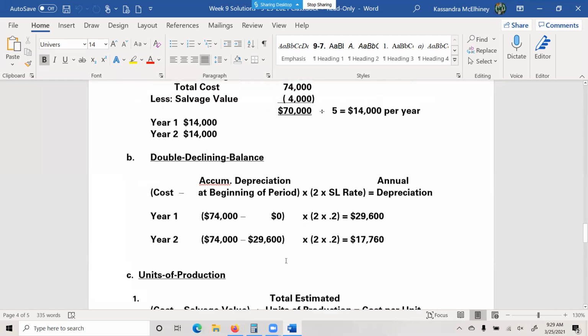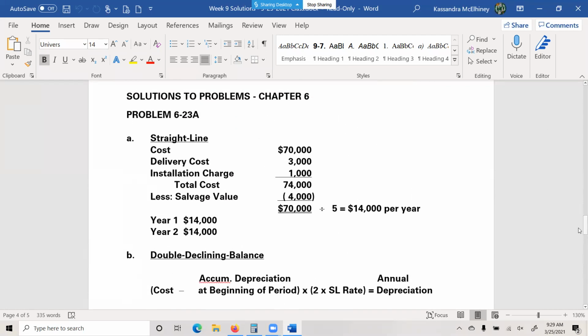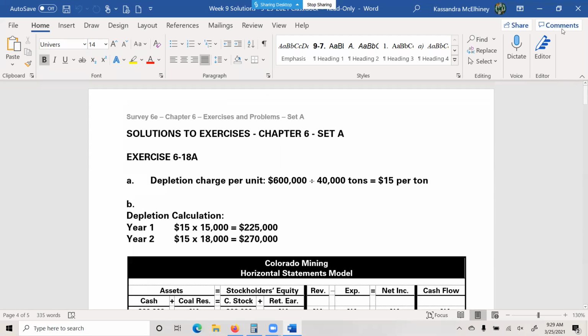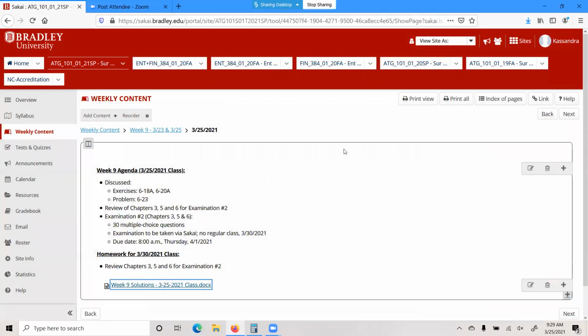Okay, so that's the problems that we were going to discuss for today. We'll do a quick run through of our 3 chapters involved, and we'll talk about the exam real quick. The examination is chapters 3, 5, and 6. Format is the same as what we saw before, 30 multiple choice questions.